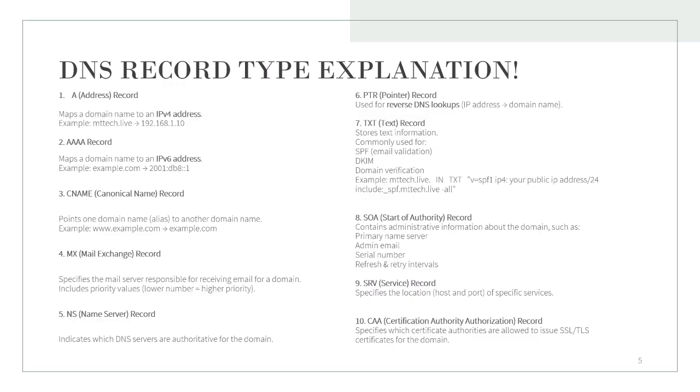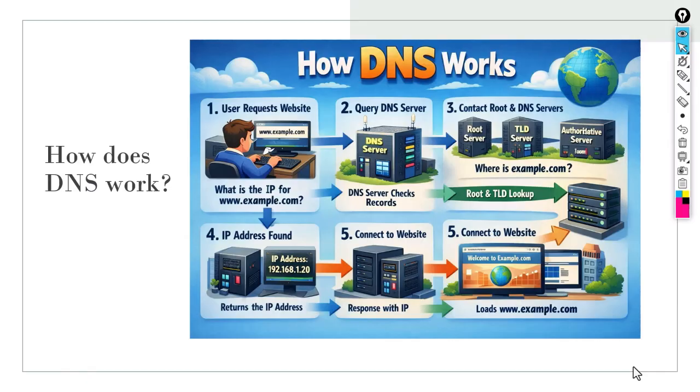In this slide, I will show you how DNS works. Here is a user. The user types a website such as www.google.com. The computer now needs to find the IP address of that domain.